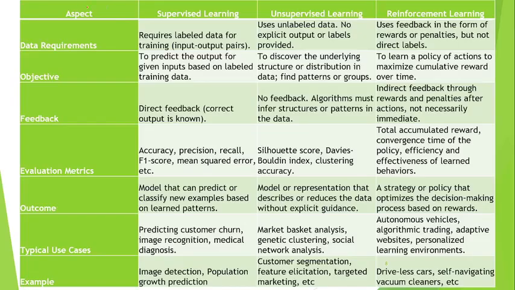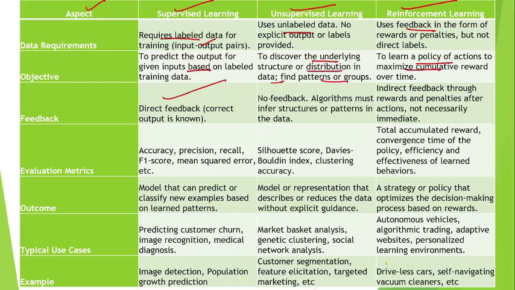There is a table diagram given by aspect: supervised learning, unsupervised learning, reinforcement learning. Data required: for supervised, input and output data; for unsupervised, unlabeled data; for reinforcement, feedback. Objective: to predict an output given input based on training data; to discover structure, distribution of data, and patterns; and to learn policies and actions that maximize cumulative reward points.